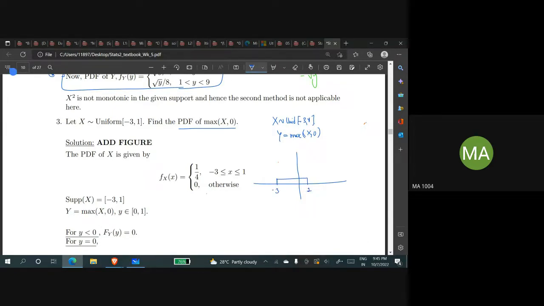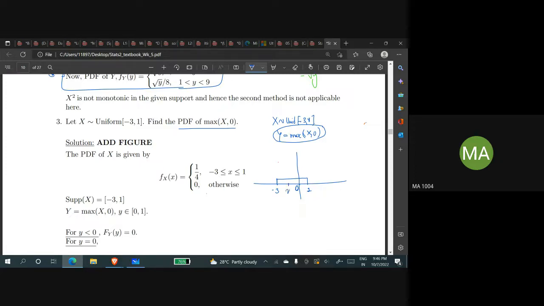Now just look over here. When x is lying between -3 to 0, how is y defined? It is defined as the maximum of x, 0, so it is going to be 0.